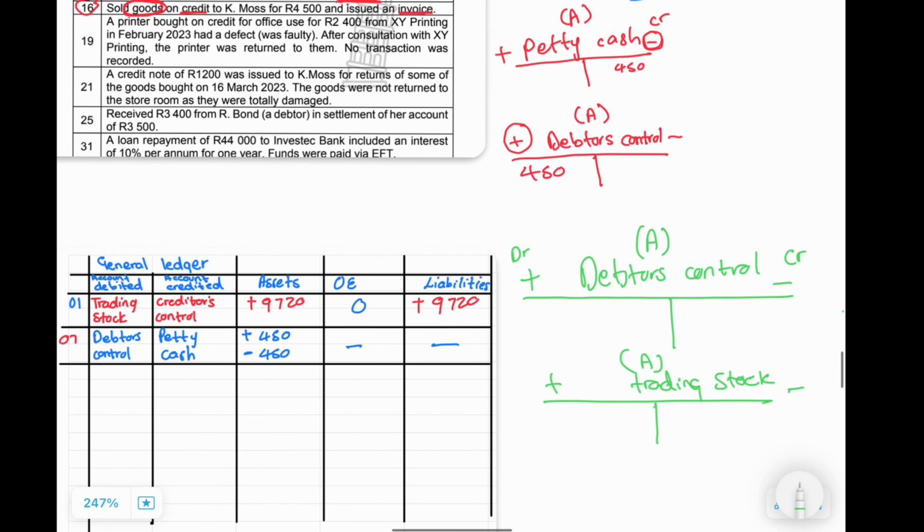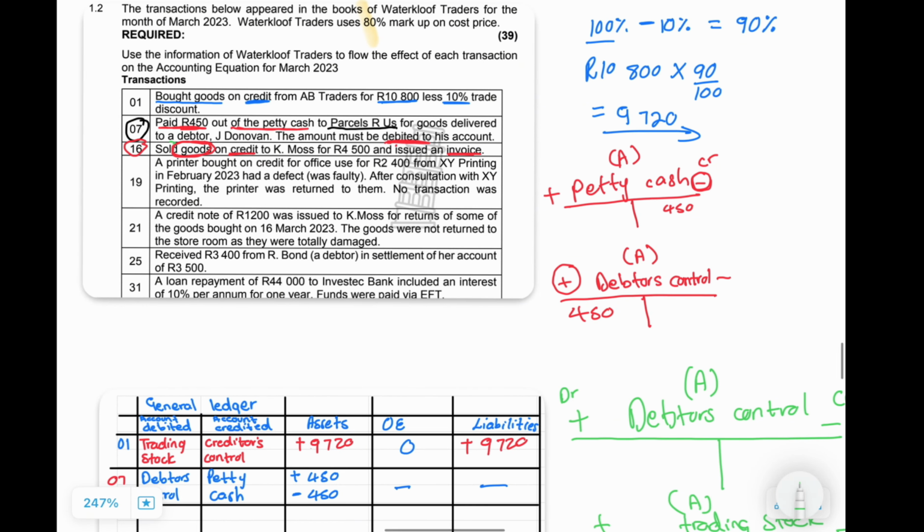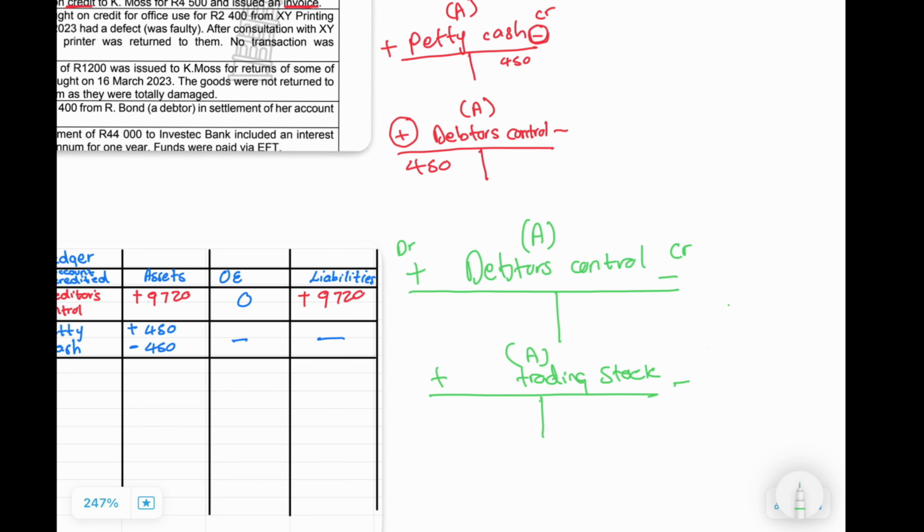So now, what I want you to know with this type of transaction, whenever we sell goods, you need to have both the cost price and the selling price. Okay, it is imperative for you to have both the amounts. Which means there will be 4 accounts that will be affected.